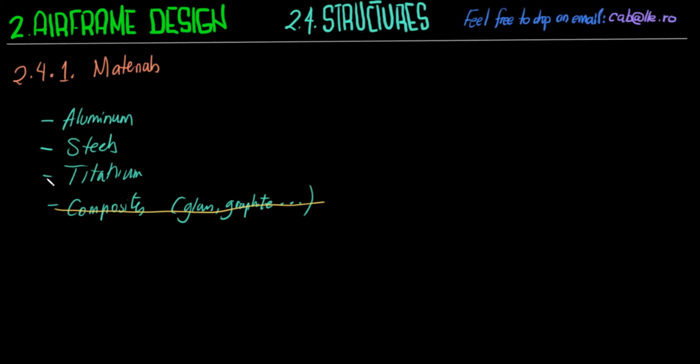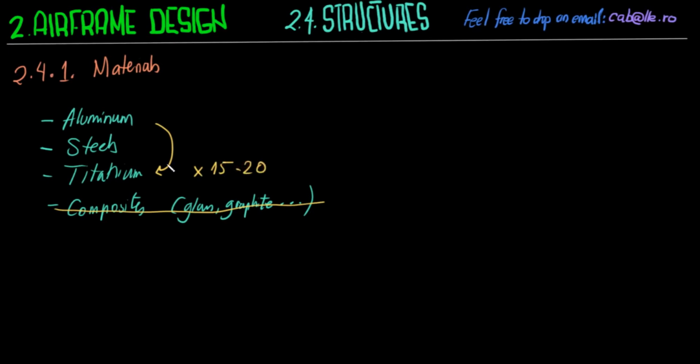Titanium, I'm just going to mention it. A same part made of titanium or aluminium, counting the material and the machining, can be 15 to 20 times more costly.